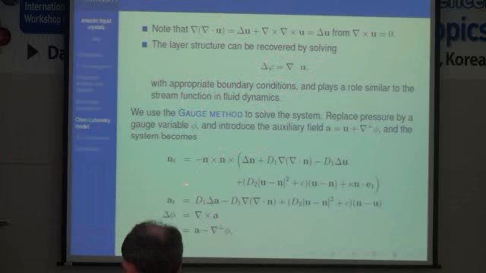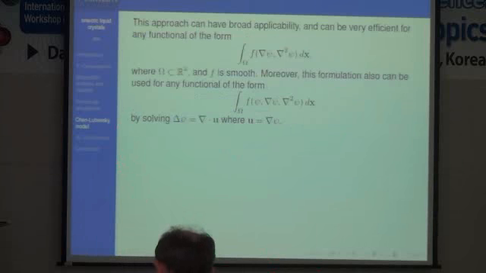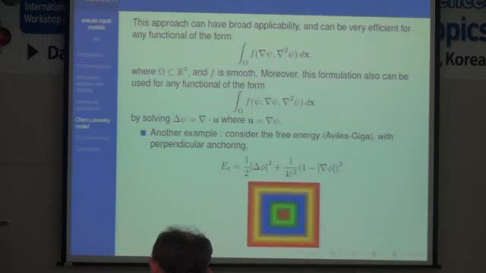So with this gauge method, we solve these gradient flow equations. And this approach generally works very efficiently for this type of functional. First, we use the Aviles-Giga functional with the perpendicular anchoring. With this type of functional, that works very well.